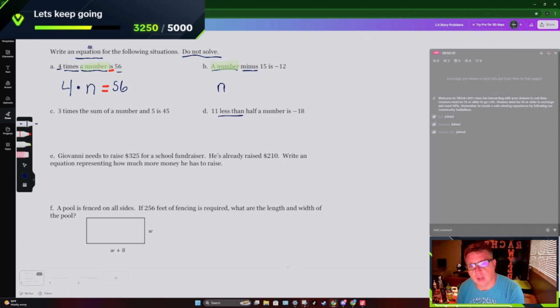So if you see a number minus 15, okay, then we see our equal sign, and then negative 12, okay? So read it, write it, don't overthink this, okay?